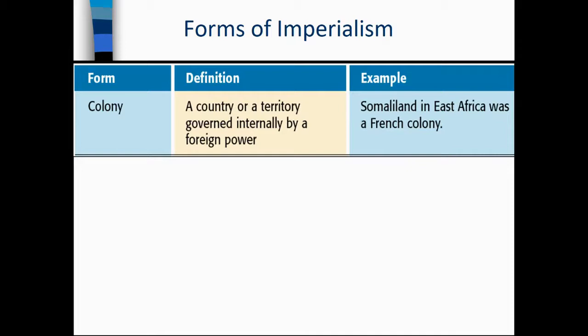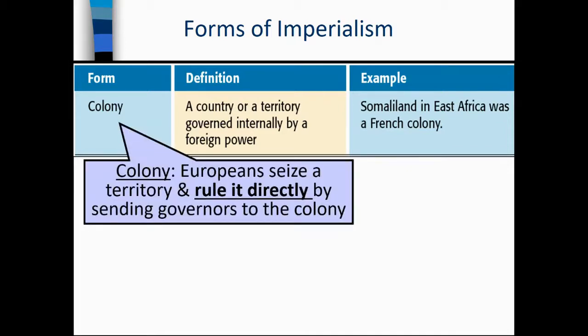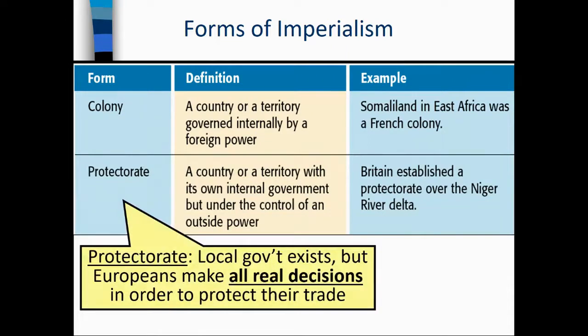Forms of imperialism. Colony: Europeans seize a territory and rule it directly by sending governors to the colony. Protectorate: local governments exist, but Europeans make all real decisions in order to protect their trade.